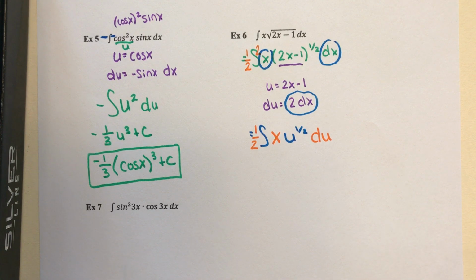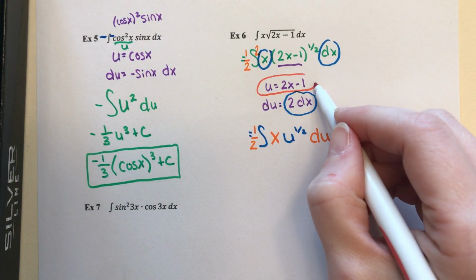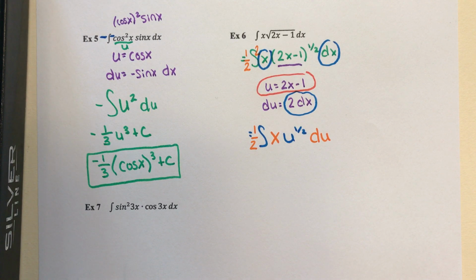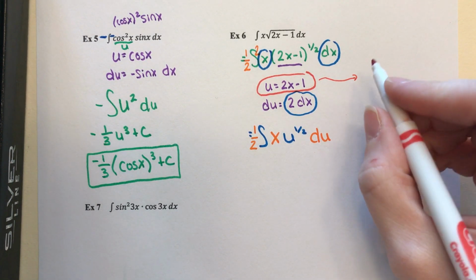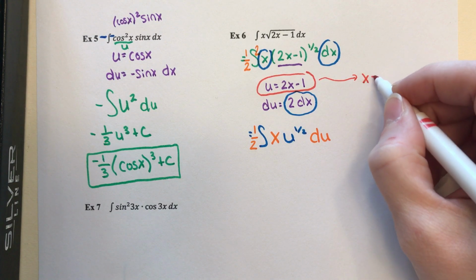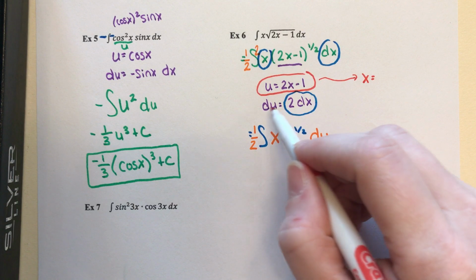So what I'm going to do is I'm going to do some side work here. And I'm going to use this formula right here to help me out. The u equals 2x minus 1. What I'm going to do is I'm going to solve that for x. So if I solve that formula for x, I could add the 1 over and divide by the 2.